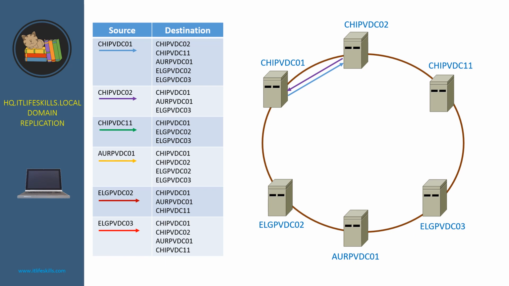Let's now draw the replication connections for these domain controllers in the domain hq.it_lifeskills.local.